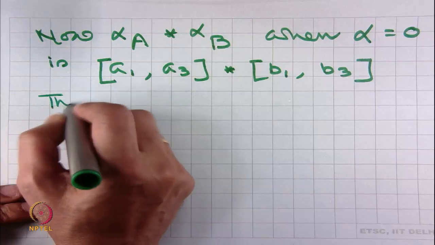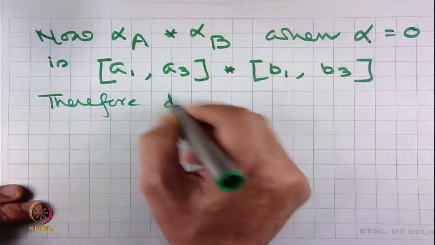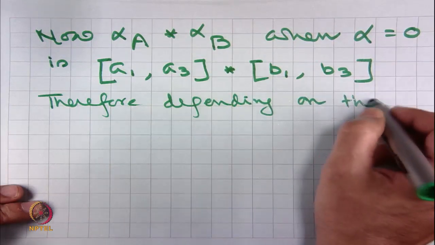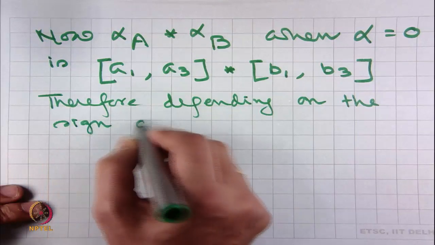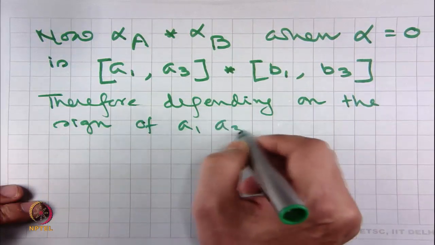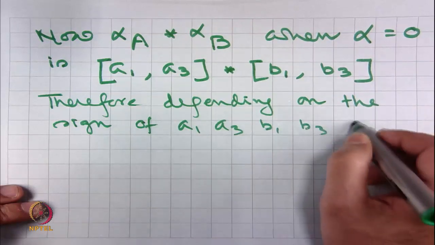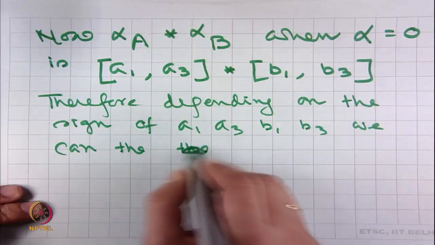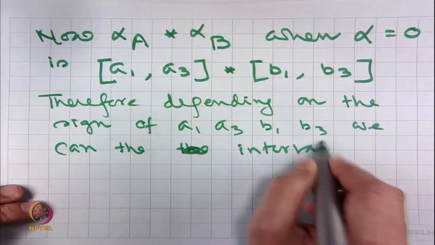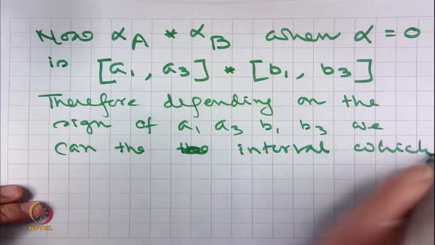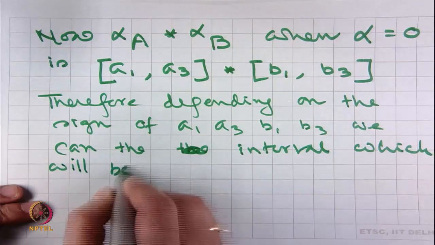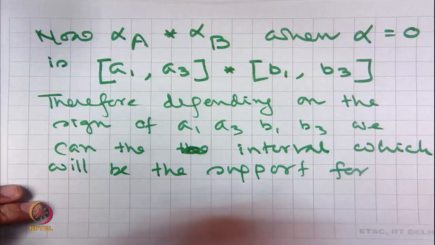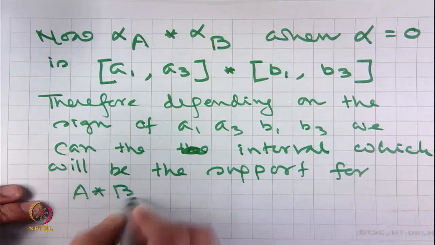Therefore, depending on the sign of A1, A3, B1, B3, we can get the interval, which will be the support for A star B.